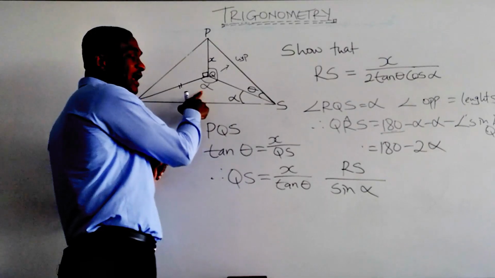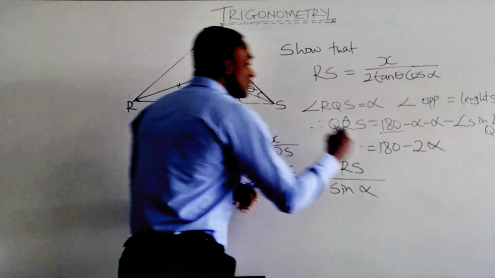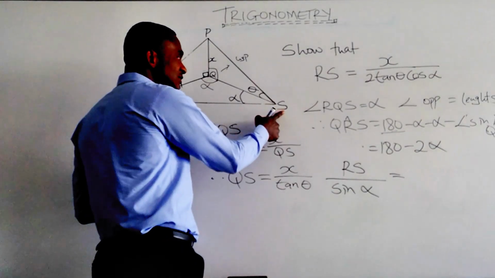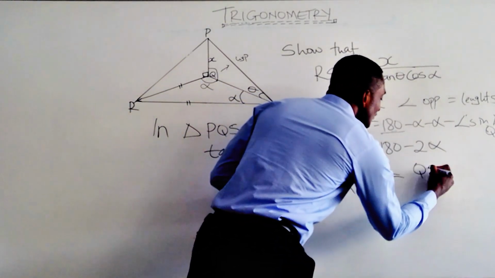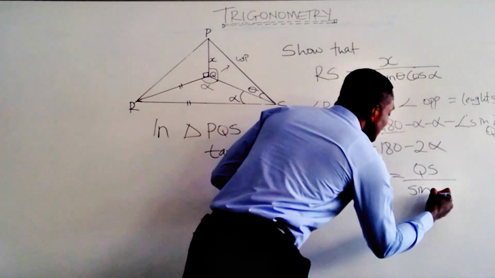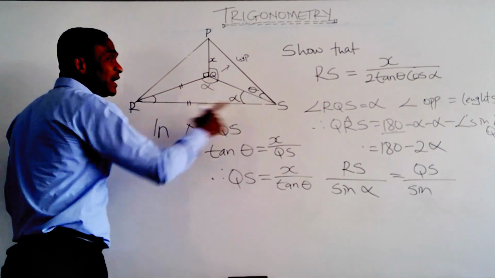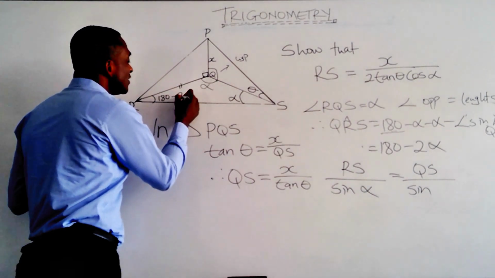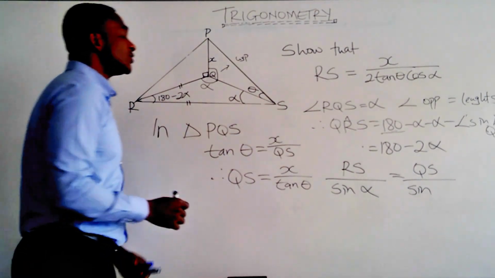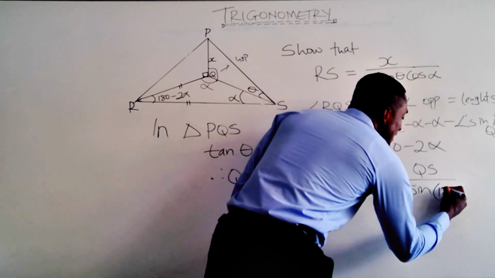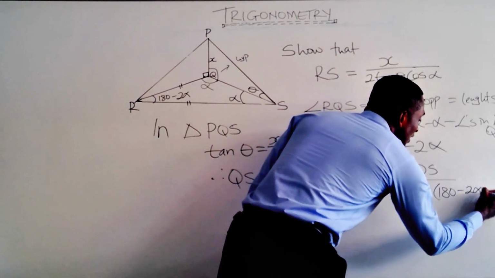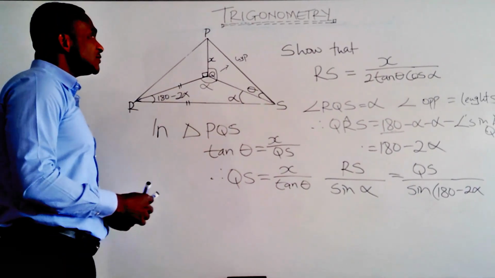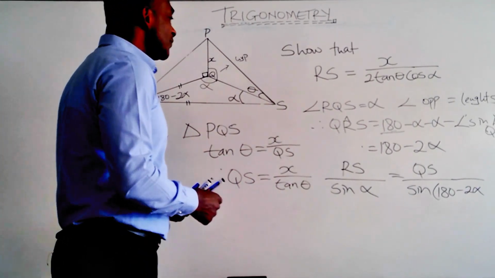RS over sine of alpha is equal to, we have QS, so let's use it, QS over sine of the angle facing it. Remember, that is the angle QRS that we got as 180 minus 2 alpha. So it's sine of 180 minus 2 alpha.